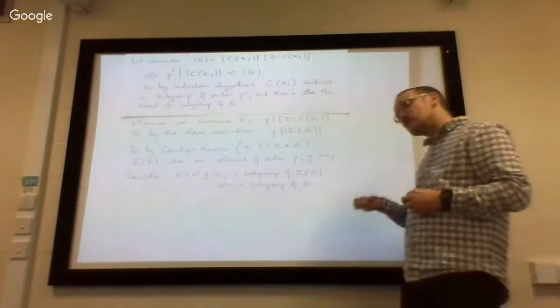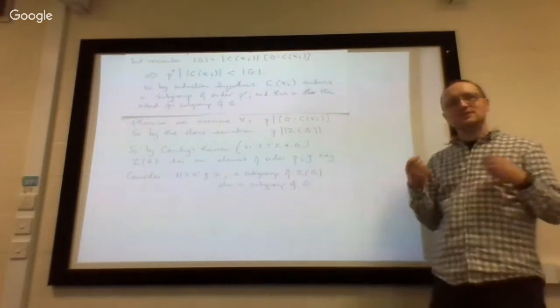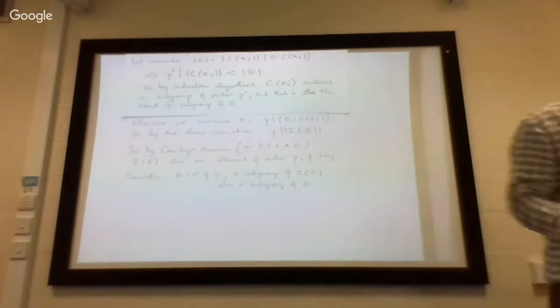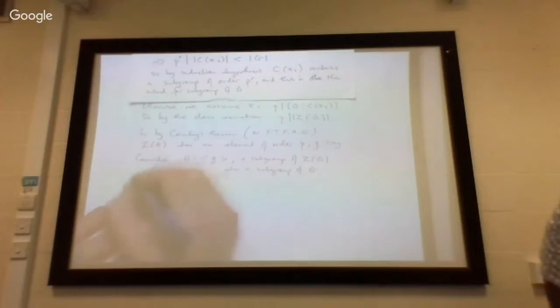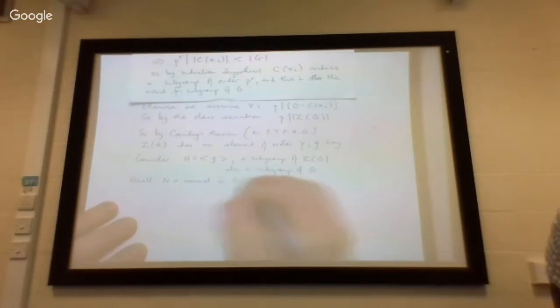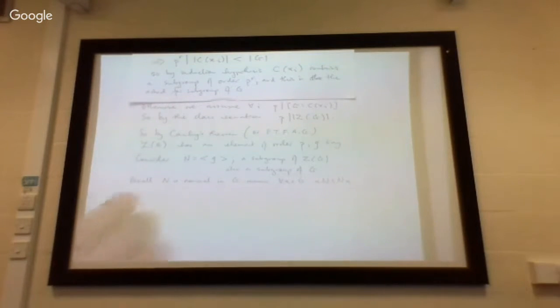Now, what's the definition of normal subgroup again? The definition is that left coset equals right coset. So recall, N is normal in G means for every X in G, the left coset Xn is equal to the right coset.